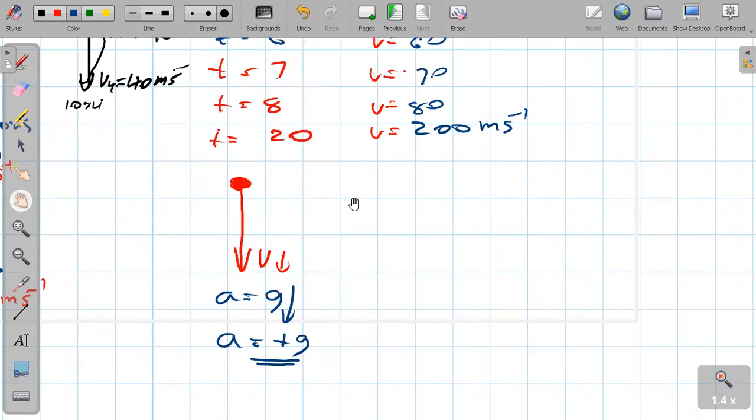Now write variation of downward displacement. Variation of what? Downward displacement with time.